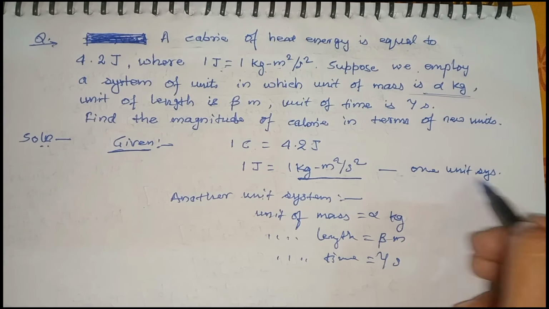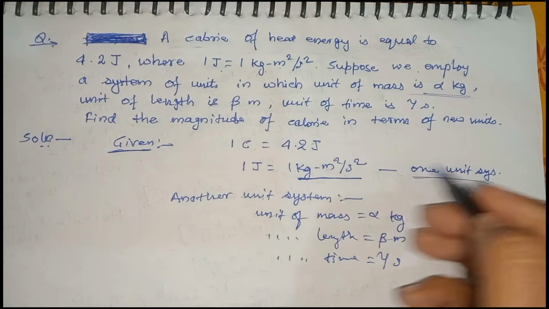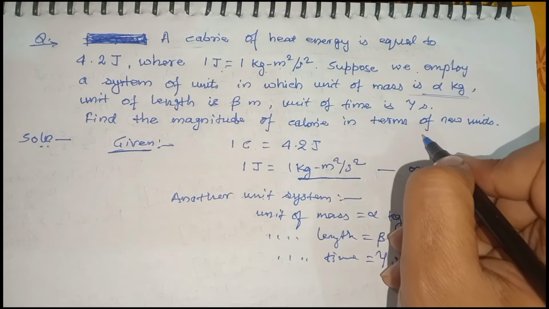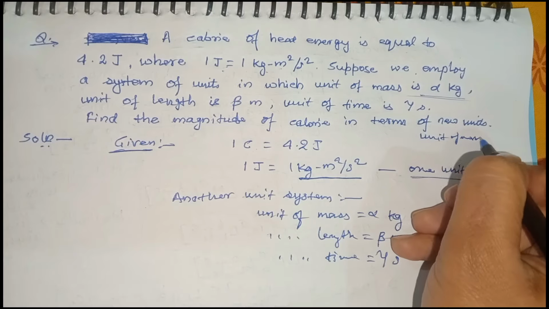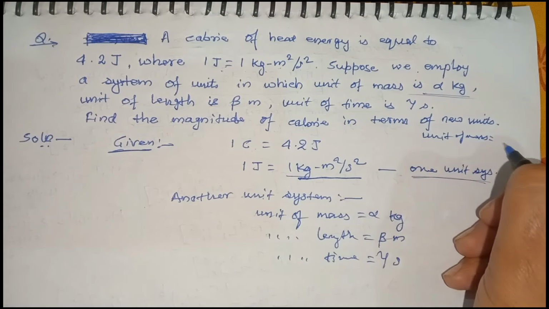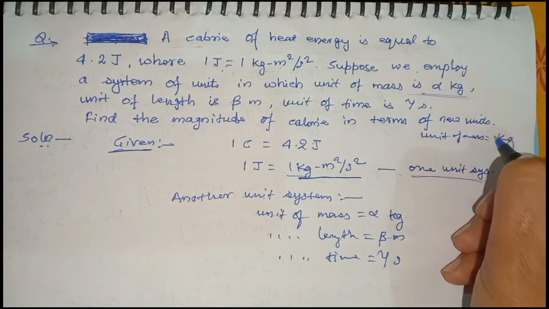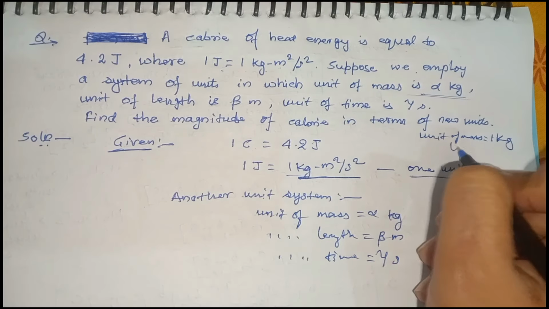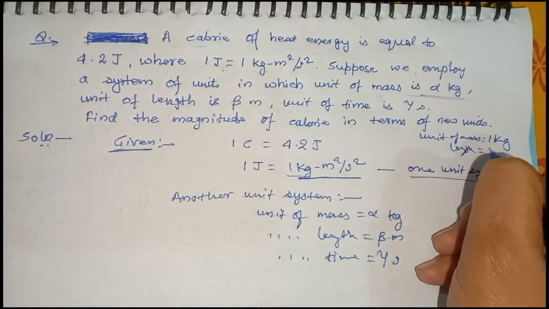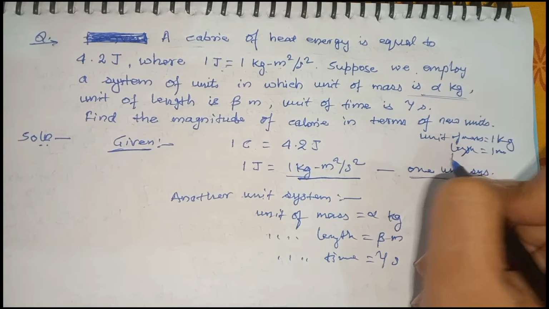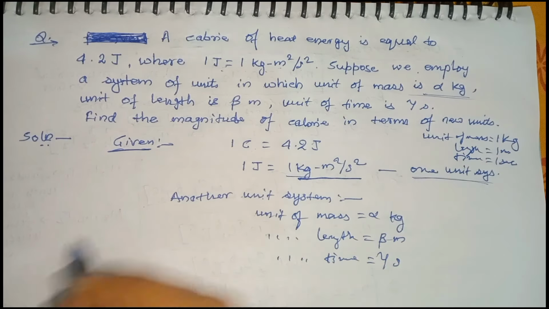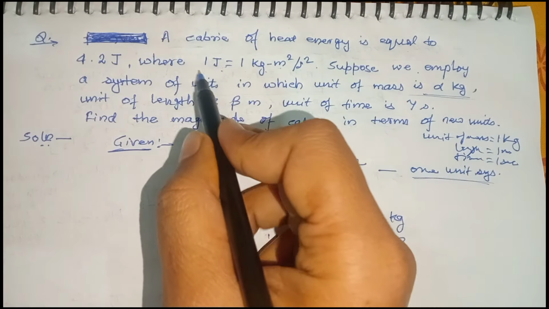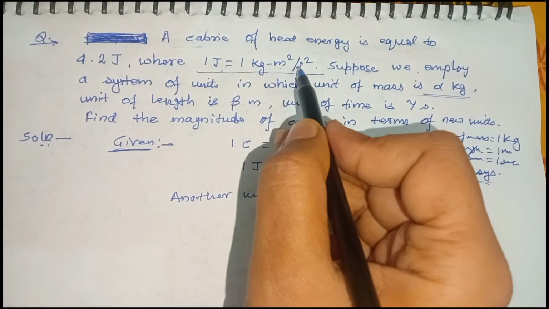In the first system of unit, the unit of mass is 1 kg, length is 1 meter and time is 1 second. As we know, 1 joule equals 1 kg meter square per second square.